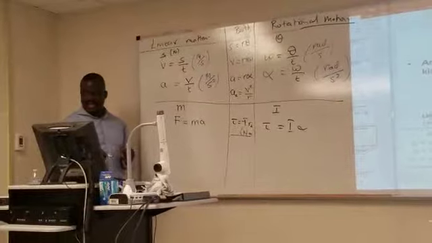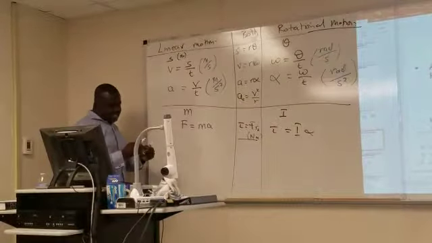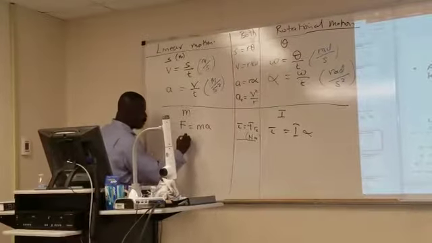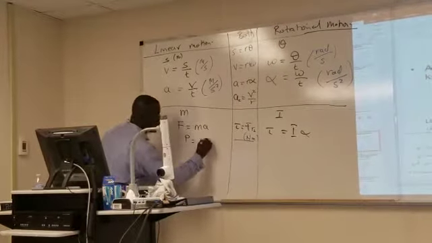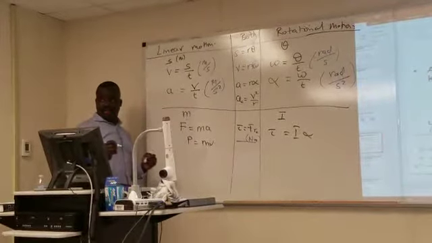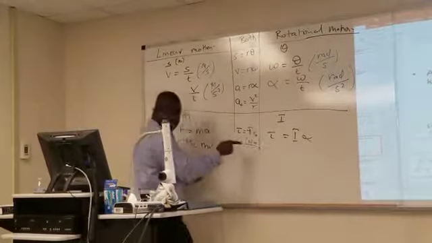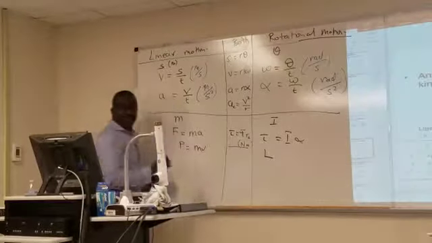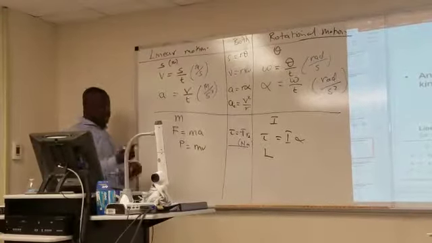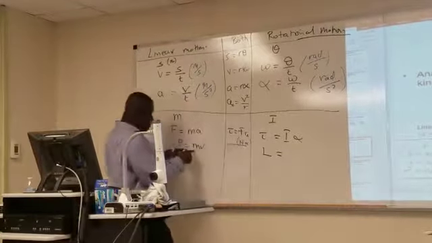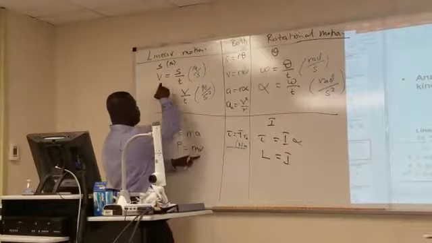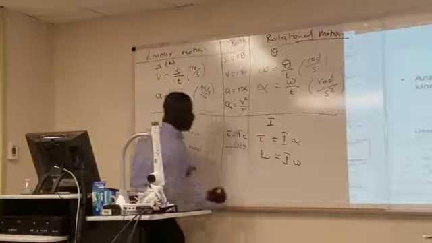Is that clear? The other thing I want you to understand is momentum, the one we just did. We said momentum, P, is equal to mass times velocity. In circular motion or rotational motion, we call it angular momentum. It's L. In angular momentum, mass is inertia and velocity is angular velocity.